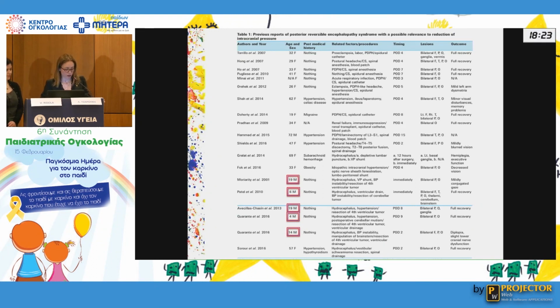And just for your attention, there are 5 cases of children and young adults who developed PRES following the resection of cerebellar tumors.